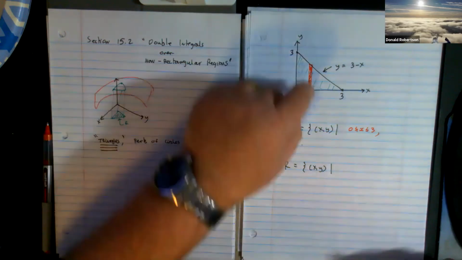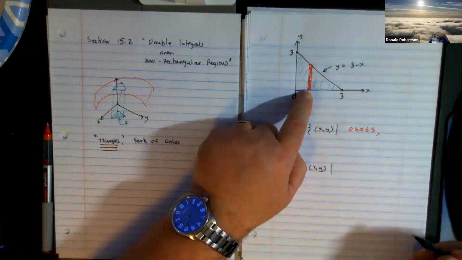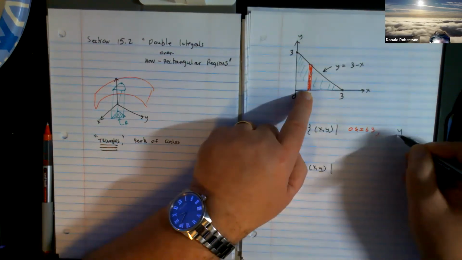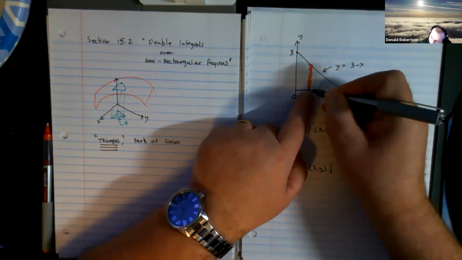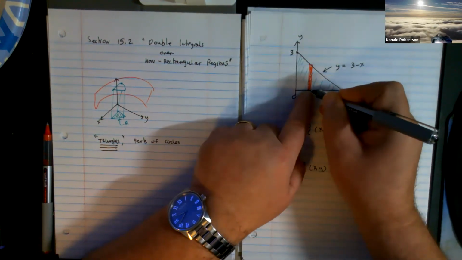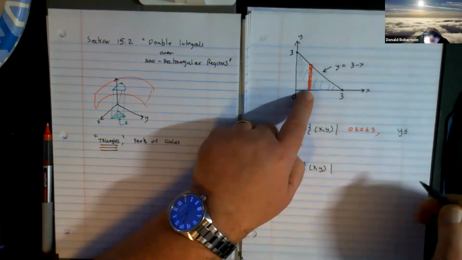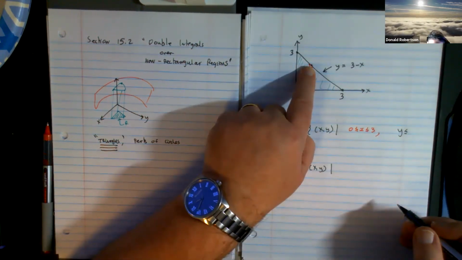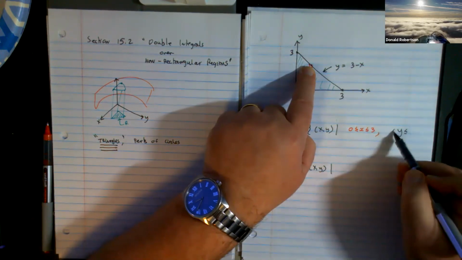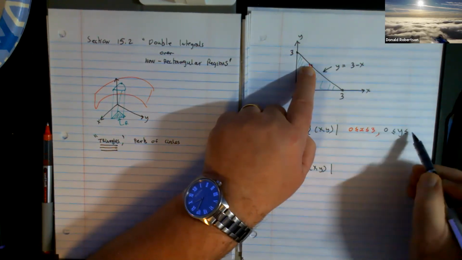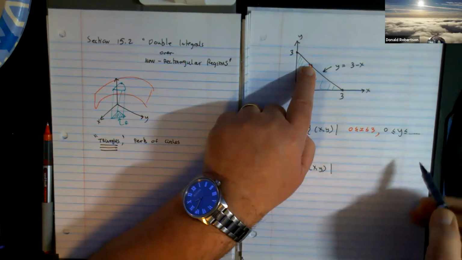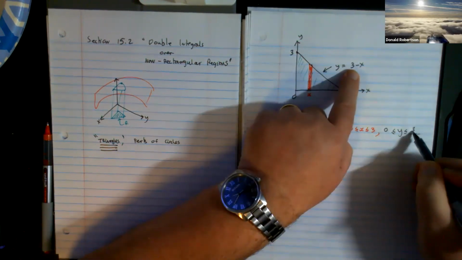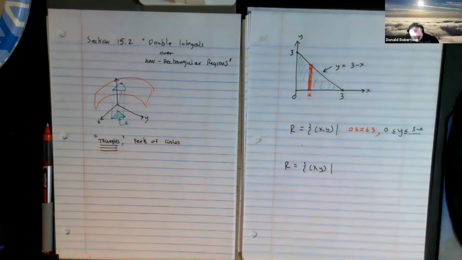Now, what would the y value do for a typical rectangle? Well, wouldn't the y value in this case start at 0 and finish here? Right? Here is in terms of x's.